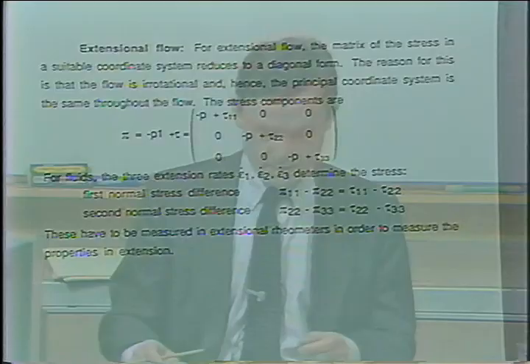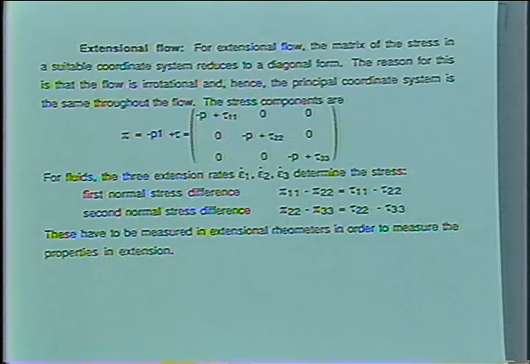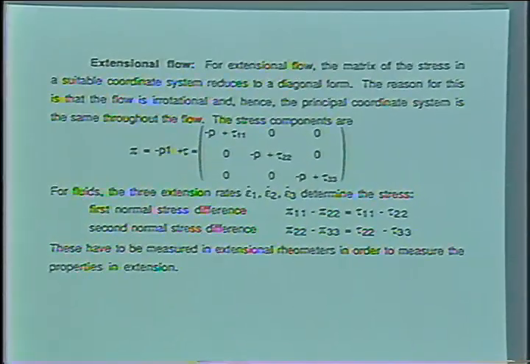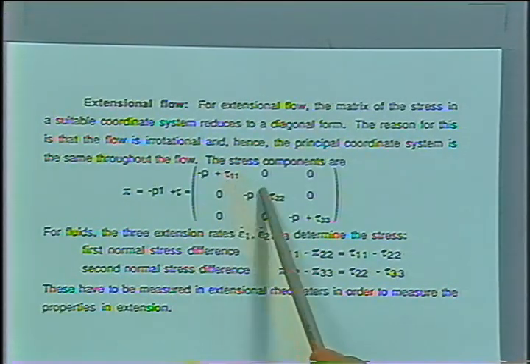In extensional flow, we also had a specific coordinate system that went along the 3 axes of stretching of that specific velocity profile. And in the case of extensional flow, the coordinate system is a principal coordinate system. The matrix of the stress tensor reduces to diagonal form.